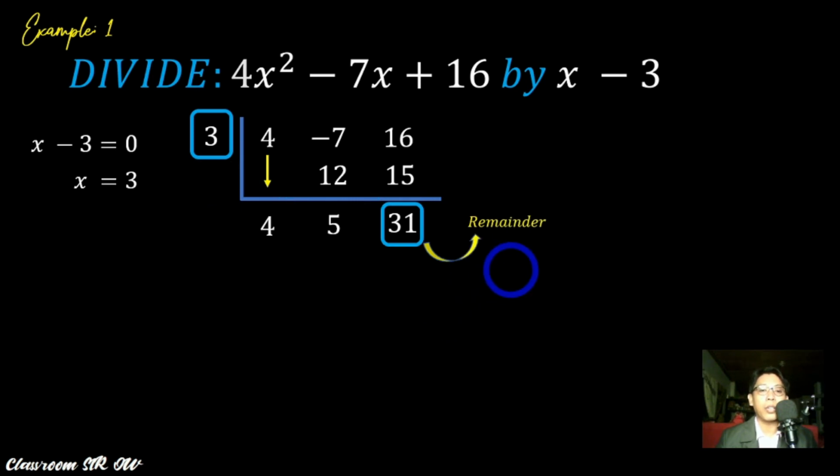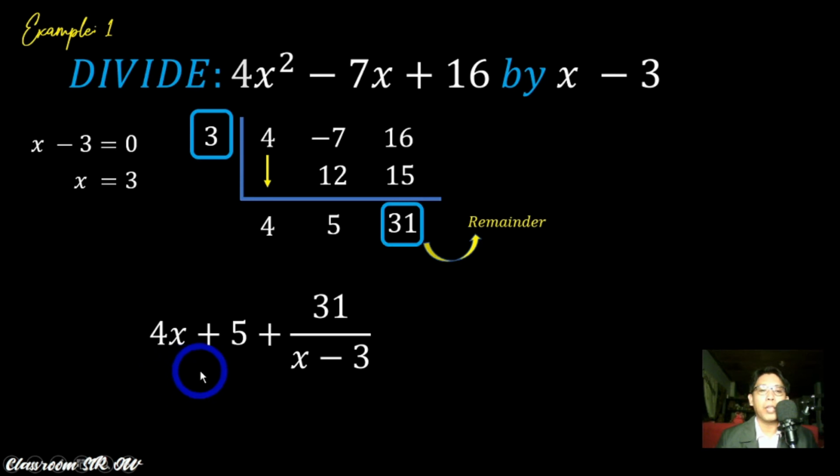Now to get the quotient, we will look for the highest exponent in the given polynomial. Since the highest is 2, we will only get less 1, or minus 1, from the highest degree or exponent. So 2 minus 1, that is why we have 4x, because as I said, we just subtract 1.